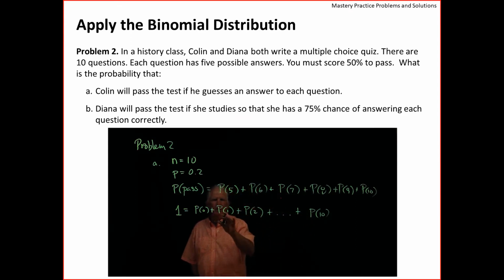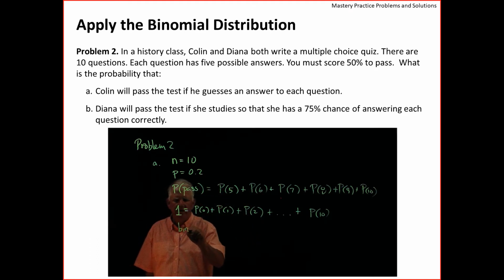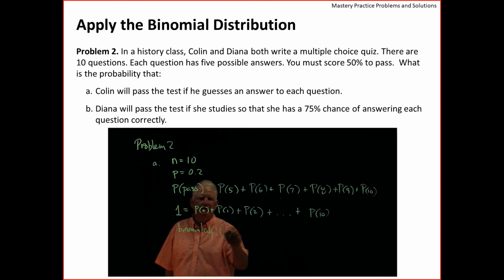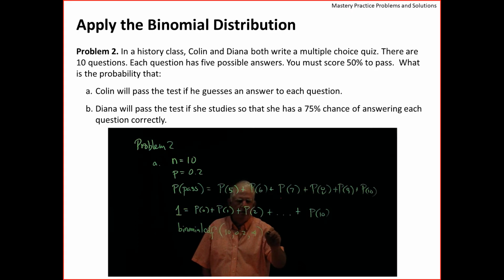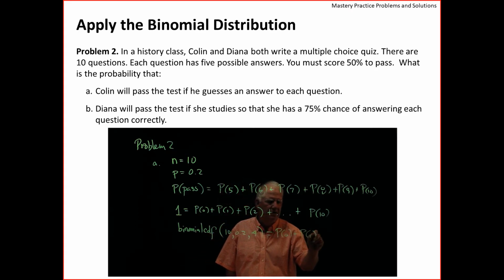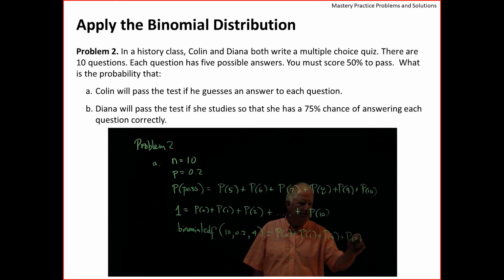So we know that, and then we also know that binomial CDF of 10, 0.2, and 4 is P0 plus P1 plus P2 plus P3 plus P4.